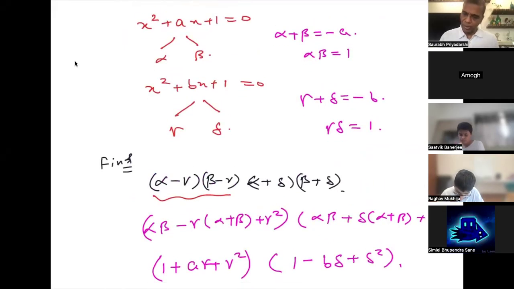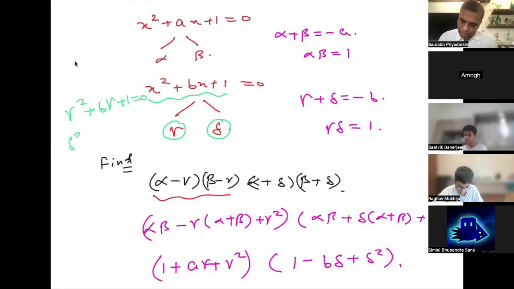Can you see one hidden piece of information there? What is that? Gamma and delta are the roots of this equation. What's the meaning of this? Gamma and delta must satisfy this equation. Means gamma square plus b gamma plus 1 is equal to 0. Similarly, delta square plus b delta plus 1 is equal to 0.